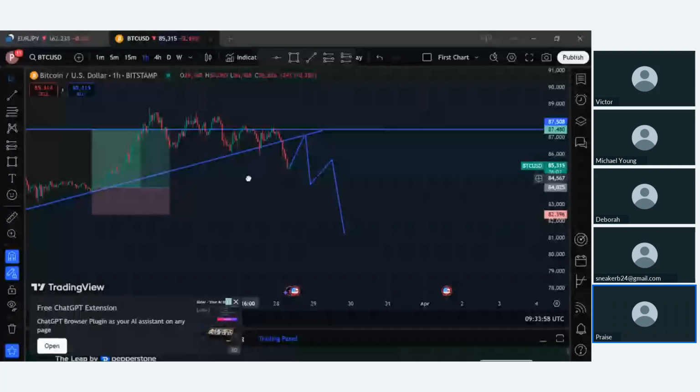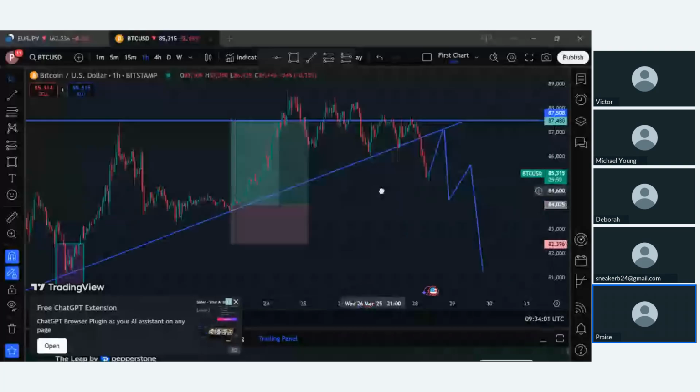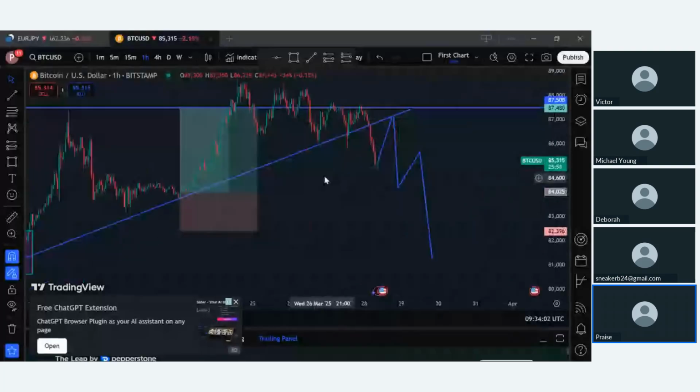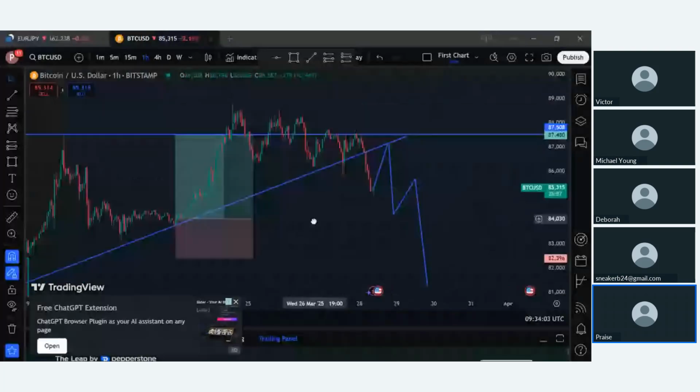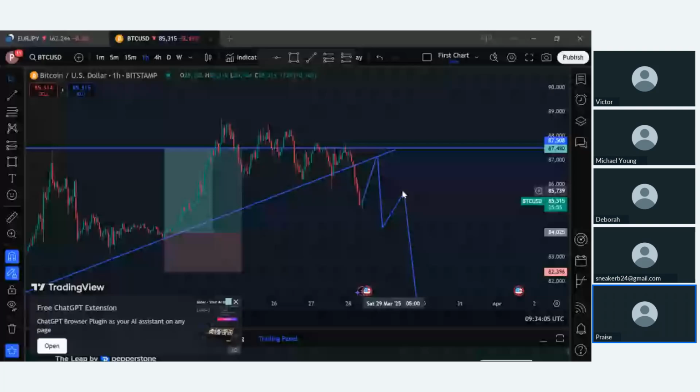The reason why I told you that you should already take the entry for a sell is not because I used the concept of trend line. I used other concepts to get that entry. That's why I told you to use small lots so that you can withstand the retracement, right?